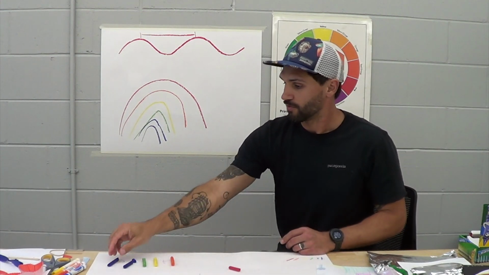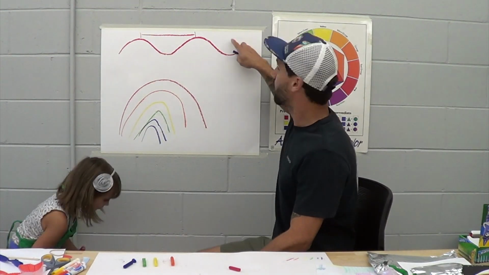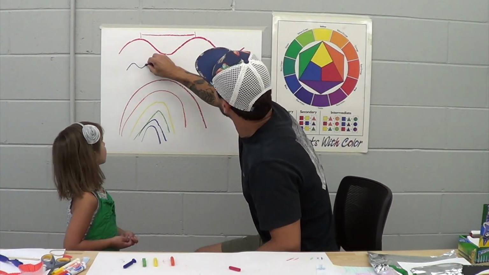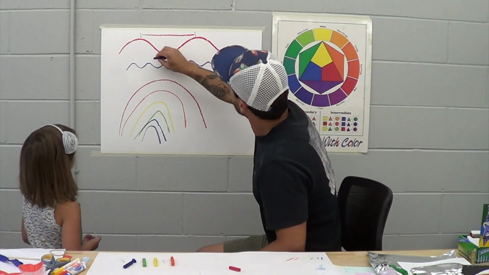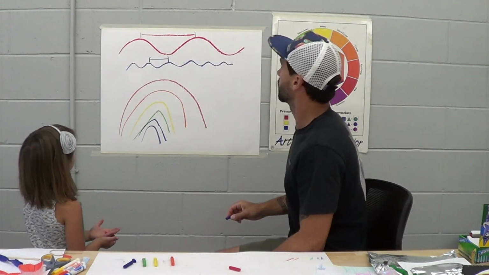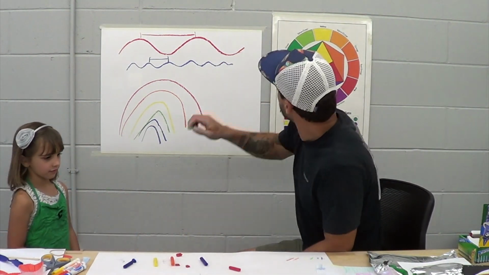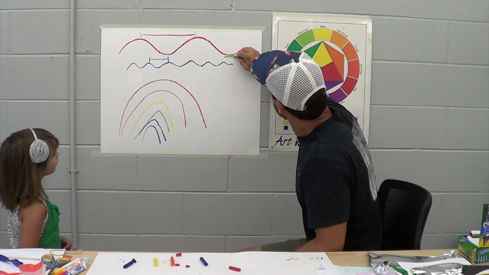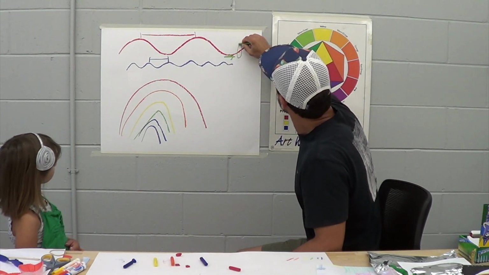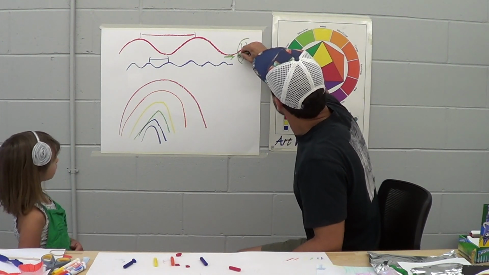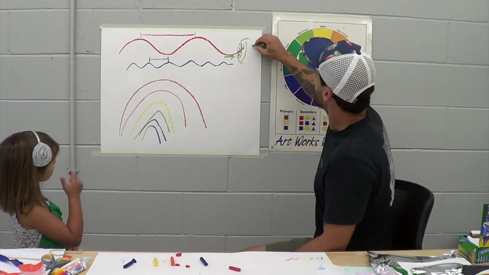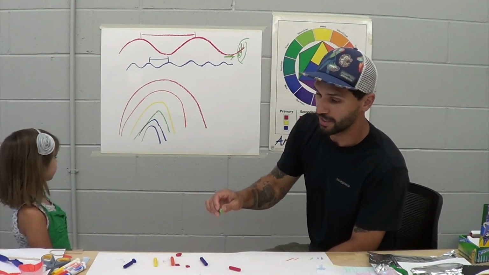Red light has a very long wavelength, whereas purple has very short wavelengths. And so when those enter our eye, our eye processes them very differently.